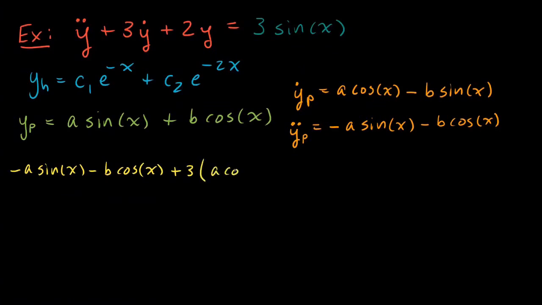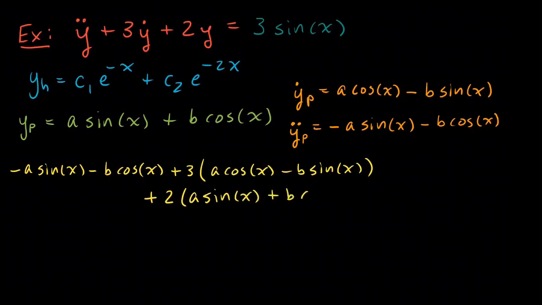So that's a cosine of x minus b sine of x, and then plus 2 times our original y sub p, so that's going to be a times the sine of x plus b times the cosine of x, and all of that has to equal 3 times the sine of x.